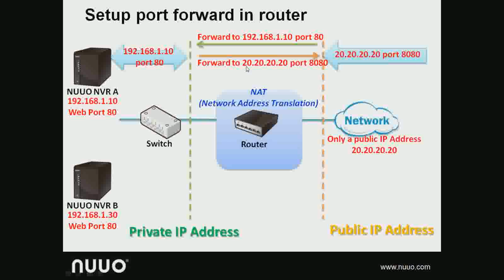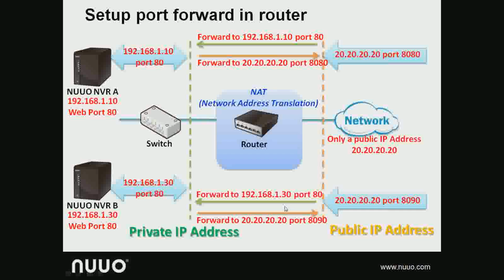So you can also configure port forwarding of the live streaming port 5150 to public port 8010, and the playback port 5160 to public port 8020 in the router setting.